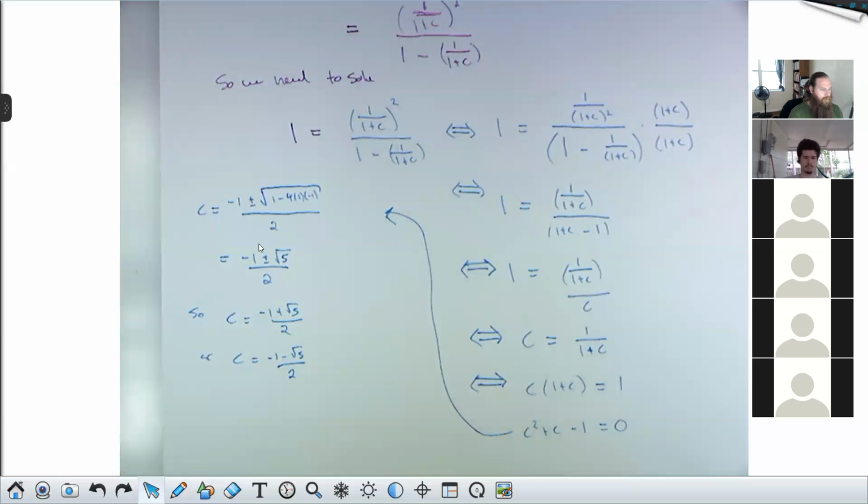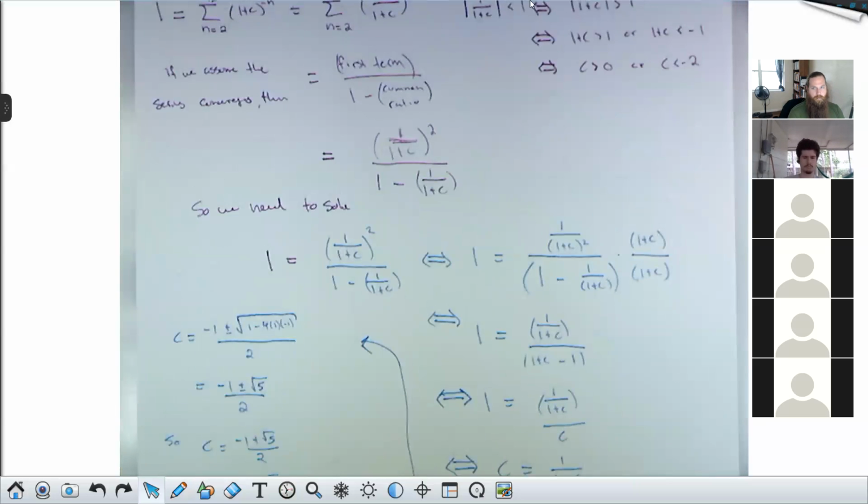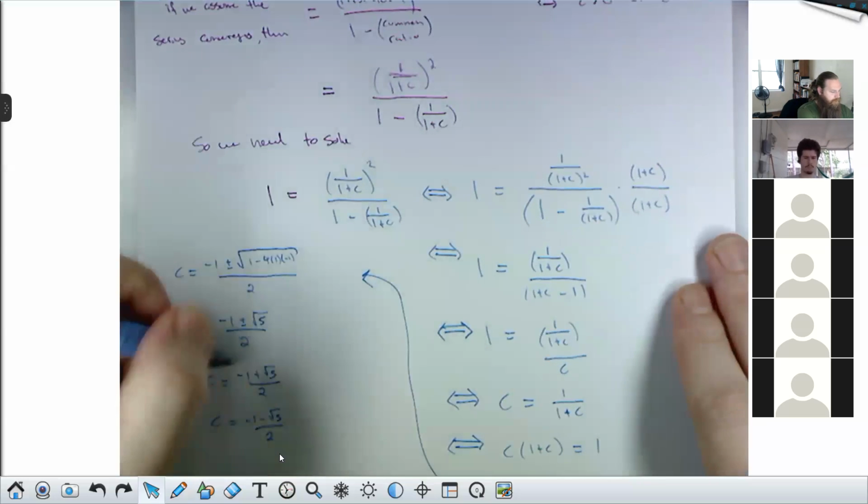whether these live in this territory or not. I believe this one will. This one is positive because root 5 is bigger than 2. So this is certainly possible.